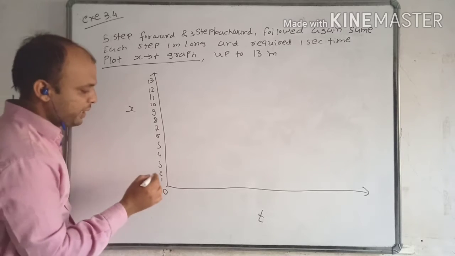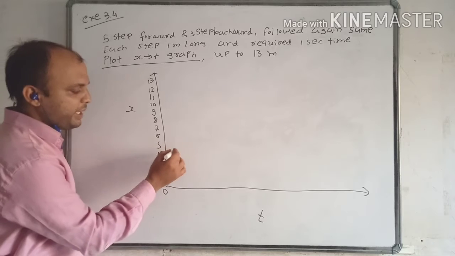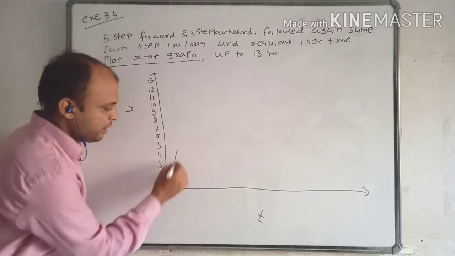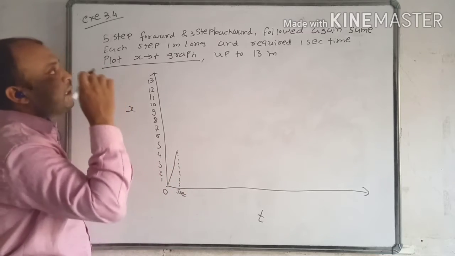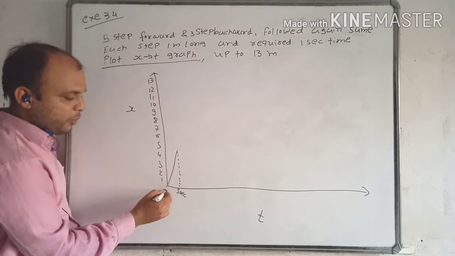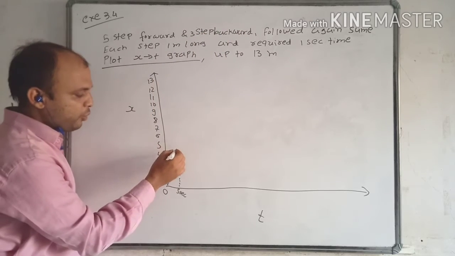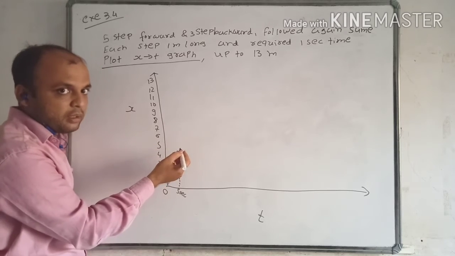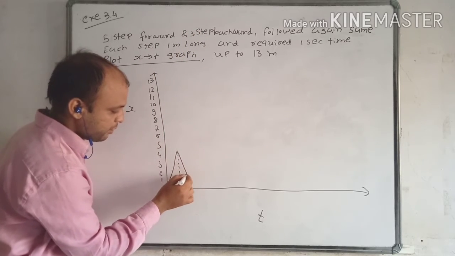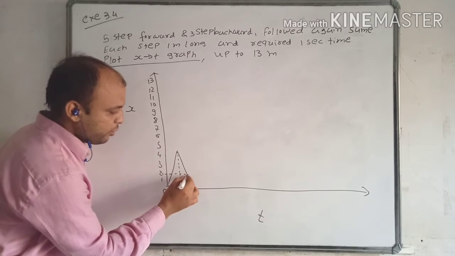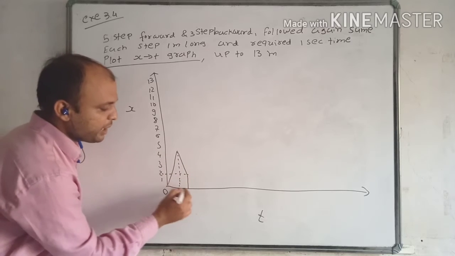So initially, he traveled 5 meters. When he traveled 5 meters, at that position we take 5 seconds. Now the condition: 5 steps forward means from the initial he takes 5 meters. The second condition is 3 steps backward, so after walking 5 meters he walks 3 steps backward, that means he reached 2 meters. 3 steps backward means each step requires 1 second, so another 3 seconds.